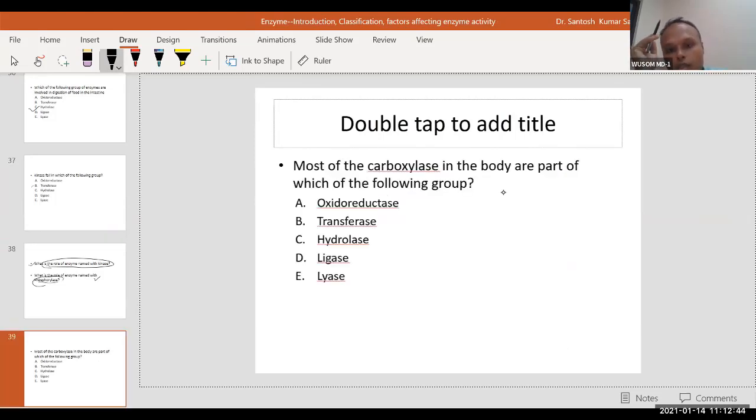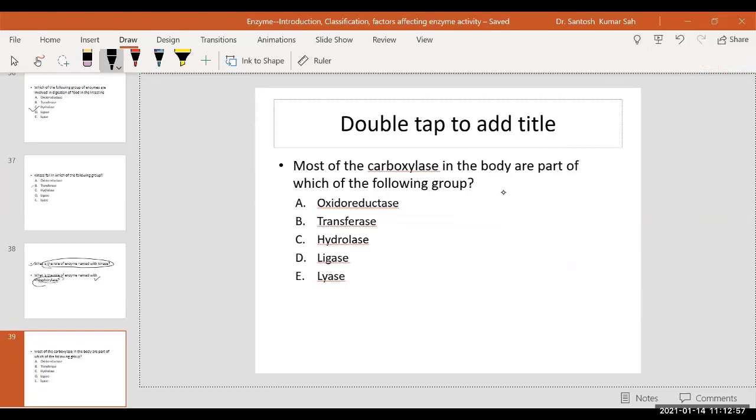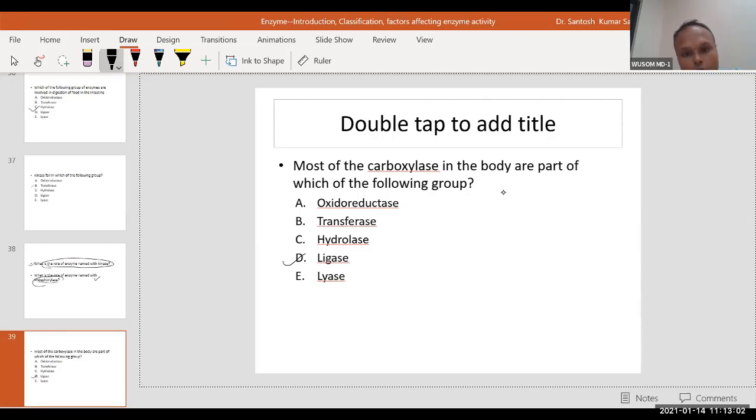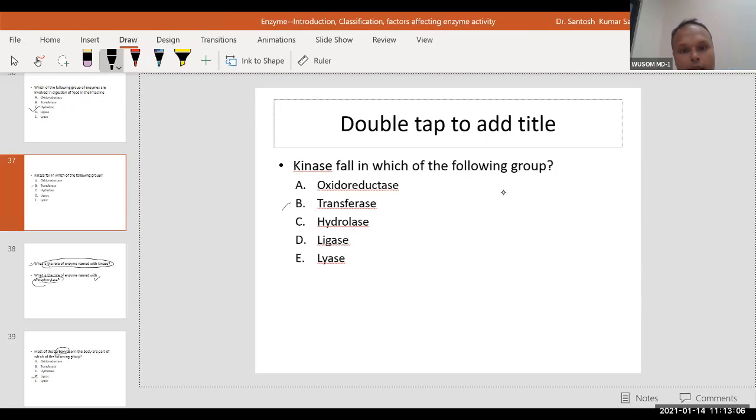Most of the carboxylases in the body are part of which of the following groups? Yes, be quick. D. Ligase. It is D, ligase. Carboxylases are ligases.